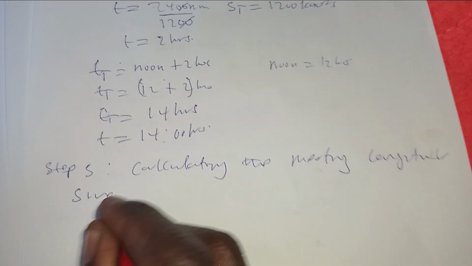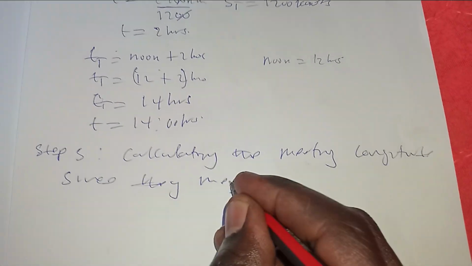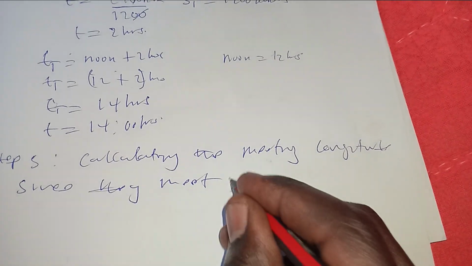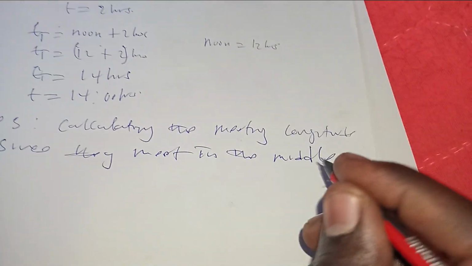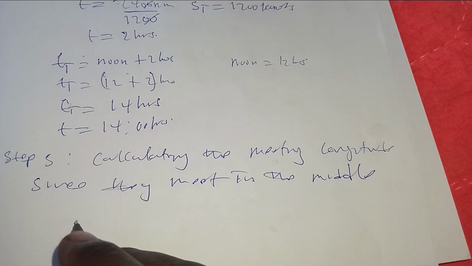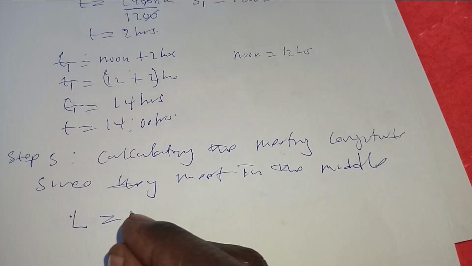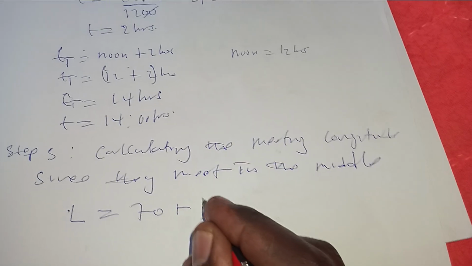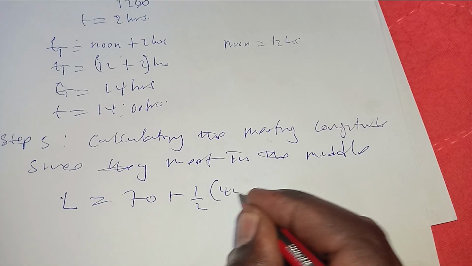Since they meet in the middle, the meeting longitude is equal to 70 plus 1 over 2 multiplied by the difference in longitude, which is 40.